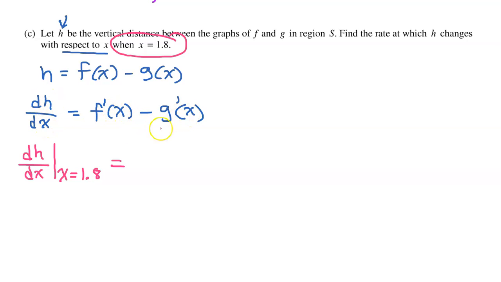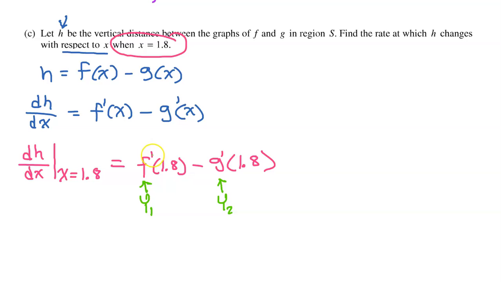If we want to evaluate at 1.8, that means we need f prime at 1.8 minus g prime at 1.8. Great news, the calculator will do all of this for us. Just remember, as I show you what I'm about to show you, that f is y1 and g is y2. Just keep that in mind.